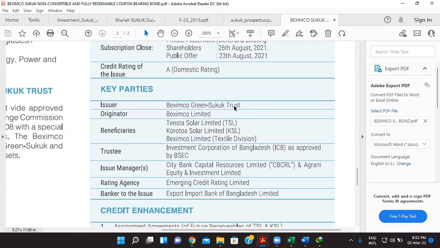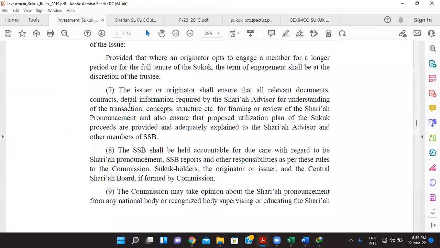Have I mentioned about the trust, that they should form an SPV under the trust deed? So the BSEC Green Sukuk Trust is the issuer, and they are separate. The 'or' is a misleading connector here, but in terms of what has been said here, anyone can furnish these contents.